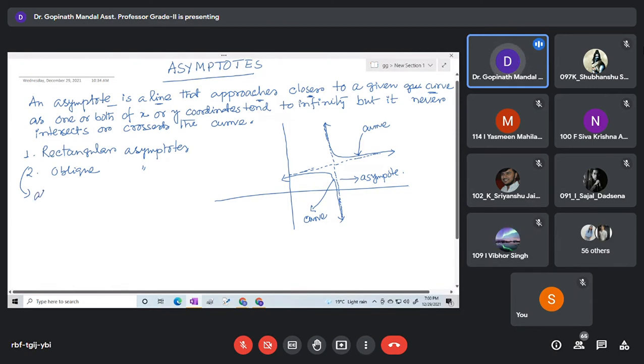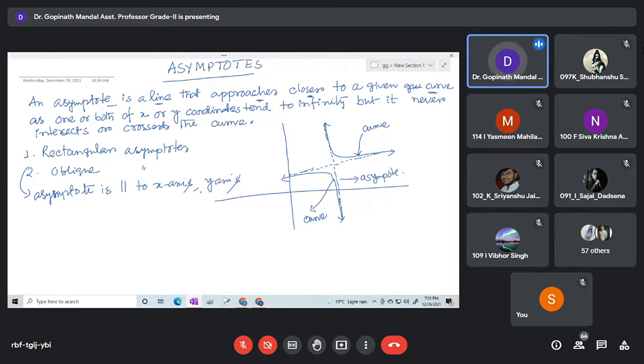If the asymptote is parallel to x-axis or y-axis, then this type of asymptote is called a rectangular asymptote.